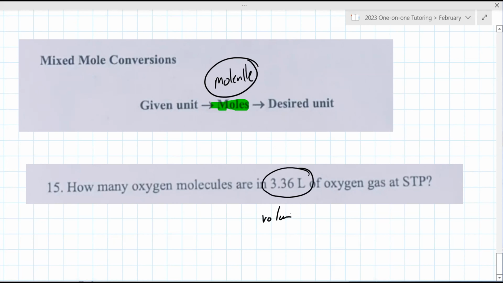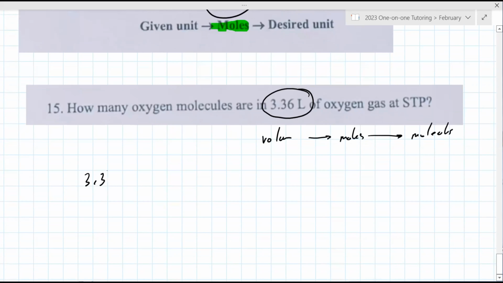And your goal is to get to molecules, but you can't do it directly. You have to convert it into moles. So the point is you can't do it all in one step, though in the first 14 problems you have been able to. So how do you go from liters to moles? It's that 22.4 liters in 1 mole.